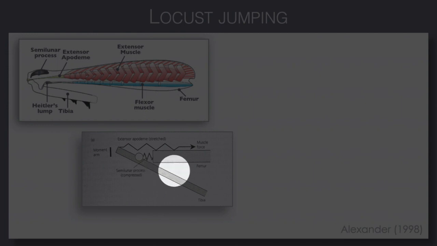As the muscle pulls and it stretches the apodeme somewhat and stores some elastic energy, it's really compressing the semilunar process. But what I want you to notice here is what's on the left. That is the moment arm. We just talked about how the posture of mammals affects the out lever length, and if you have a big out lever, your mechanical advantage is going to be smaller.